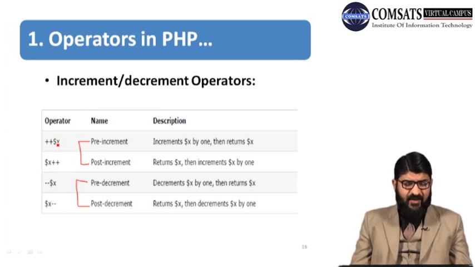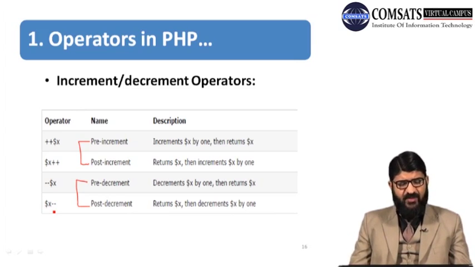So pre-increment will return the value after increment, while the post-increment will first return the value and then increment. The minus minus $X is basically first decrement the value and then return the variable X, while $X minus minus first will return the value of X and then will decrease the value of X by 1.